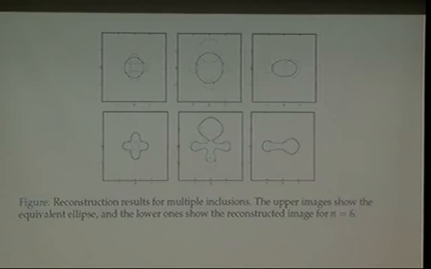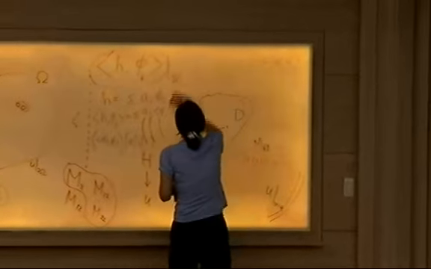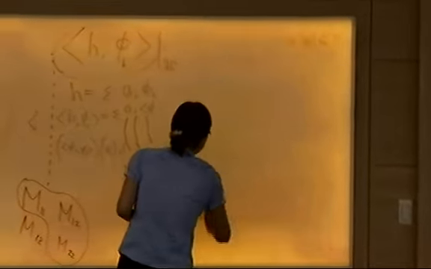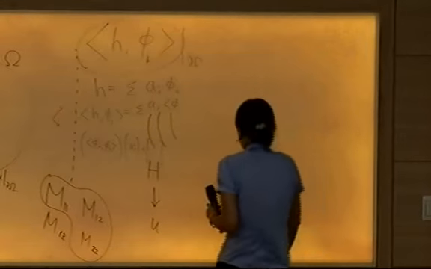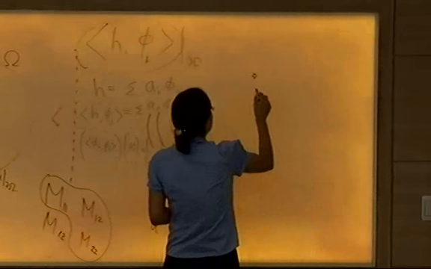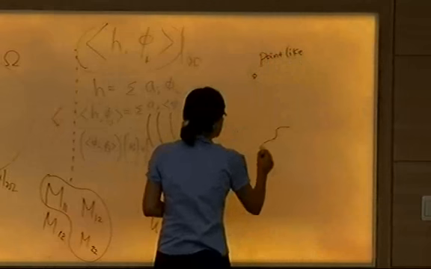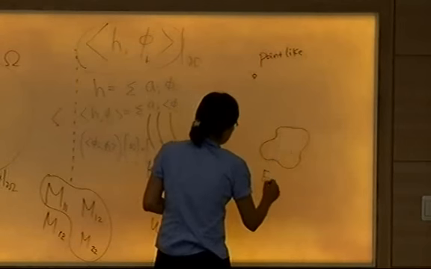All of what I explained is the general frequency case. Here I apply this harmonic equation, and the frequency is zero. And usually, when you reconstruct some obstacle, there are two different categories. The first one is the point-like obstacle, and the second case is the extended target.